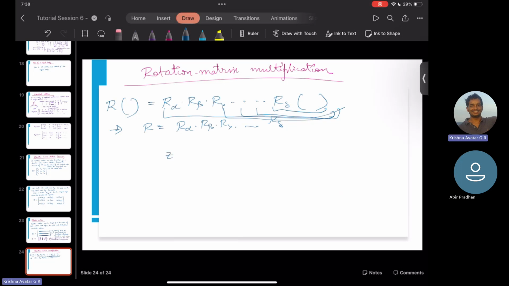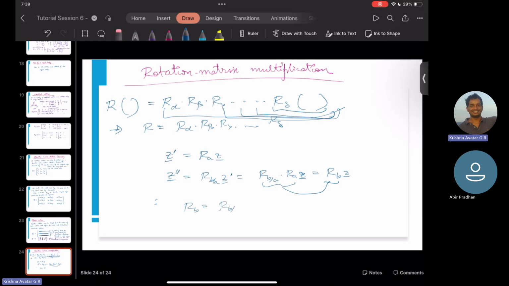So in the sense that if we have Z prime is equal to RA Z vector, and then we have Z double prime is equal to RB with respect to A, Z prime. This can be written as RBA into RA Z vector. And this we can write as RB into Z vector. And this is what the net effect is.